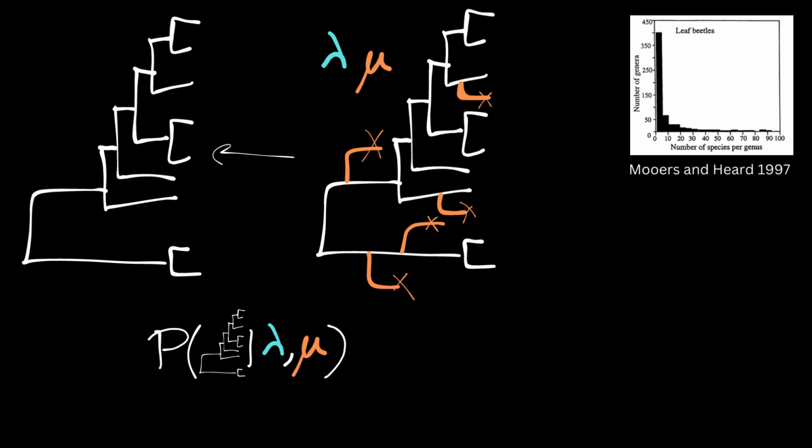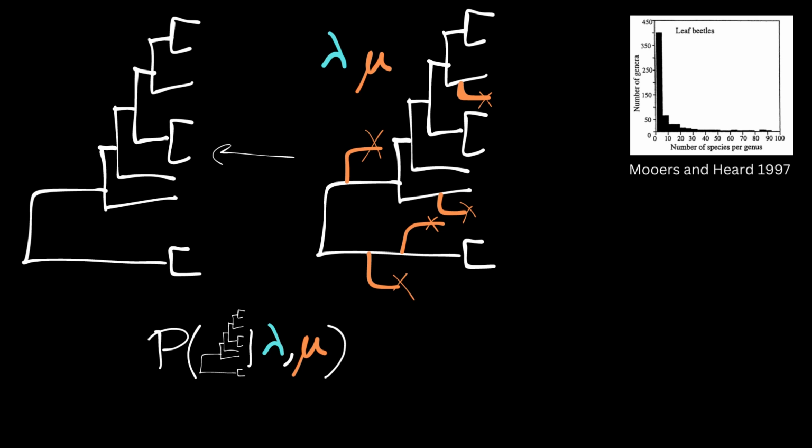So what is typically done is to assume that if you have a given phylogeny, the one on the left, you can assume that this phylogeny has been produced by a certain stochastic process, in this case called the birth-death process, where we imagine that each speciation event essentially corresponds to a birth event, and each extinction event corresponds to a death event.